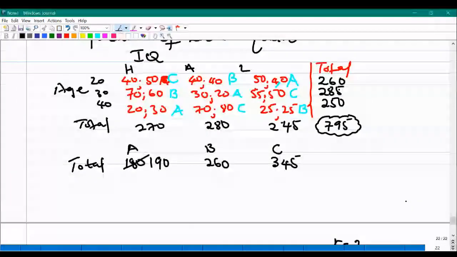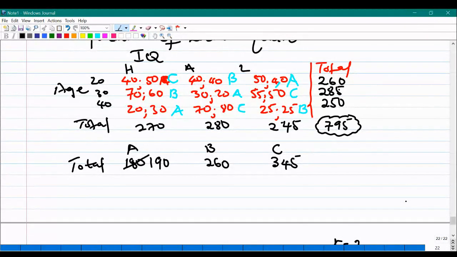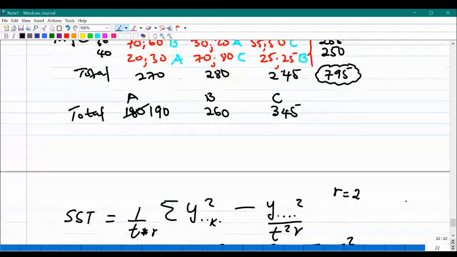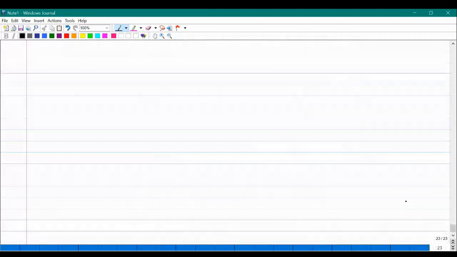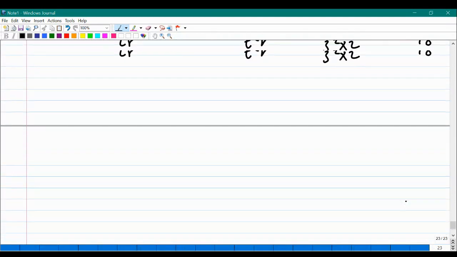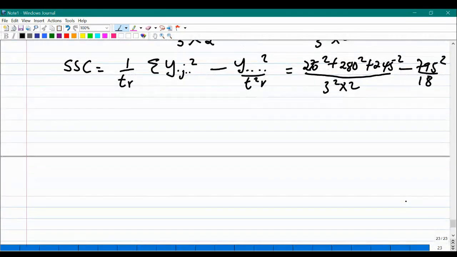So the last one will be the row. You have the totals there, 260, 285, 250. What you'll do, same technique.